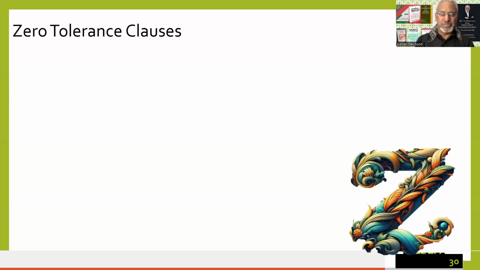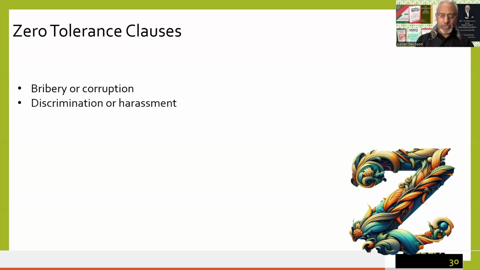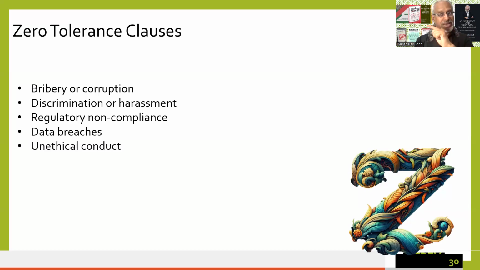And the last one, the Z, is zero tolerance clauses. You may like to have some of these, like bribery or corruption is immediate exit, discrimination or harassment case, regulatory non-compliance case, data breaches at the third party, which may be hurting you.